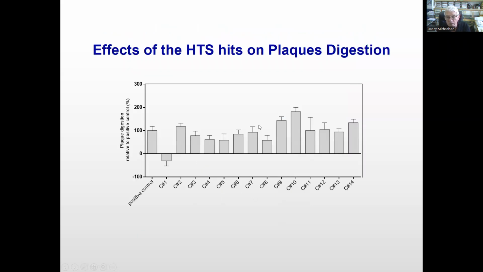When we did this with our hits, you see again, first of all, some hits like number 1 are completely inactive, so we drop that from our agenda, and the rest have a range of activities, again between 50 and 150% of our positive control.